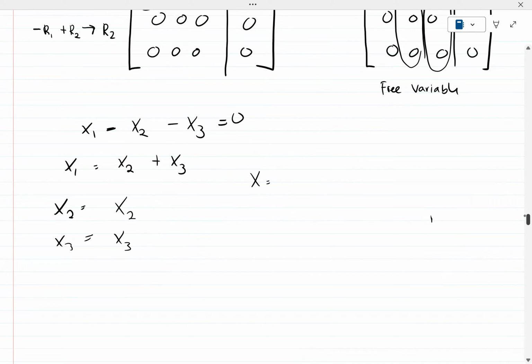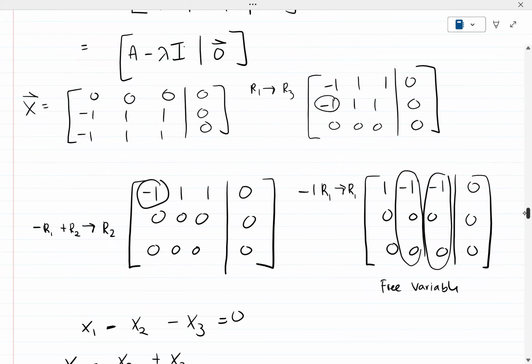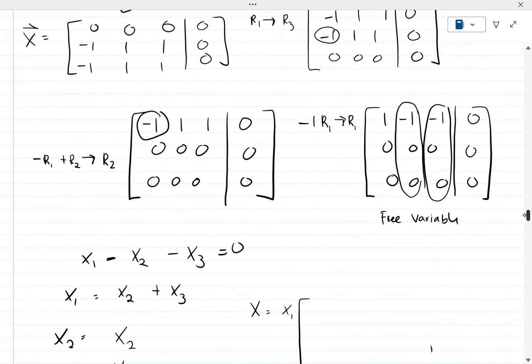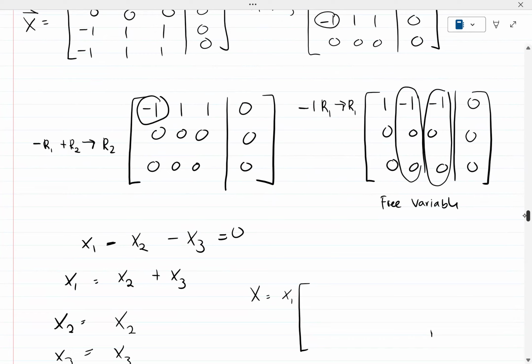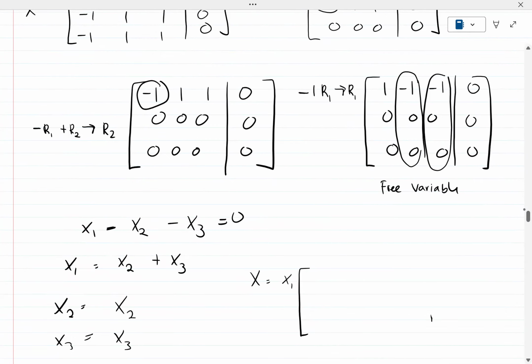So we have that x equals x1, and then x subscript 2 is basically... so x is equal to x subscript 2 times the vector 1, 1, 0, plus x subscript 3 times the vector 1, 0, 1.